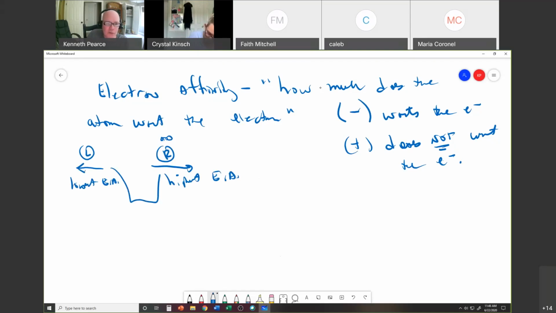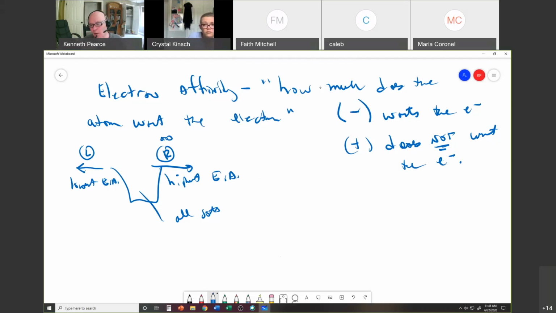And in the middle, all sorts. Okay, it's not a left to right trend. It's just on the left, you generally have the lowest electron affinity, and on the right, you generally have the highest electron affinity. And there's some discontinuities in there.